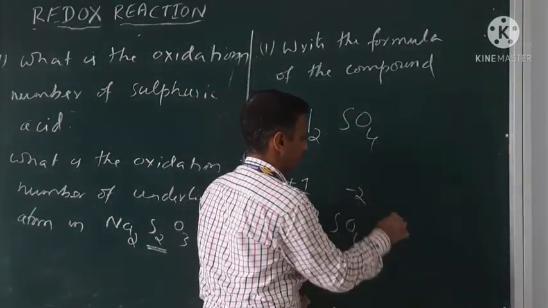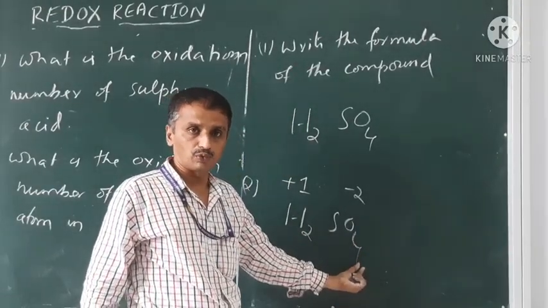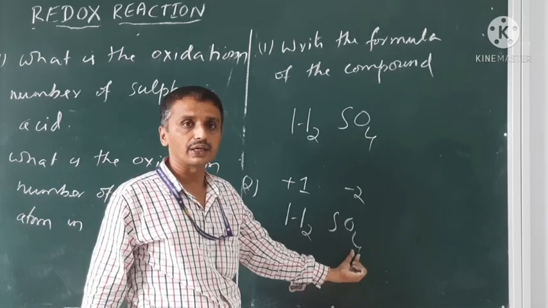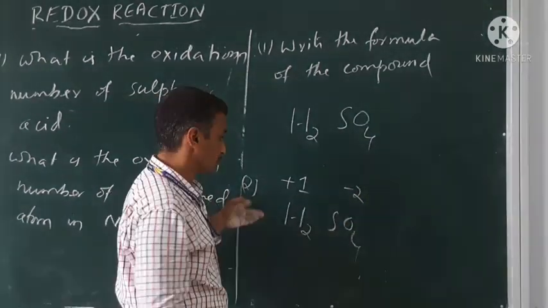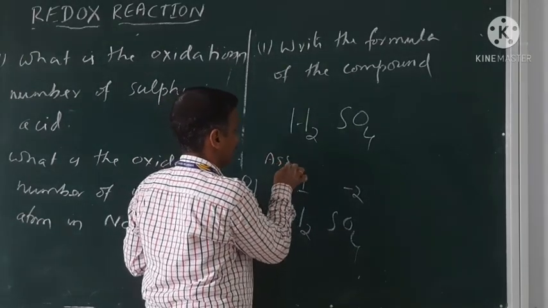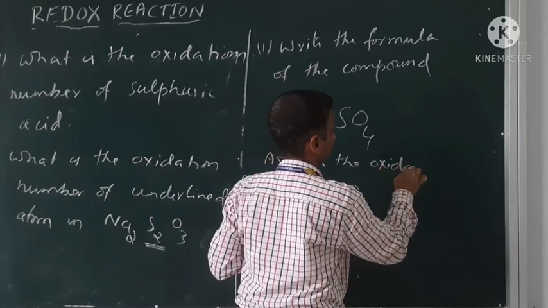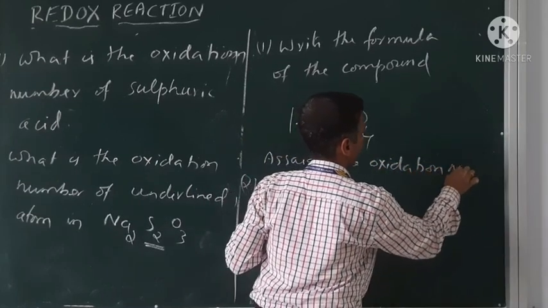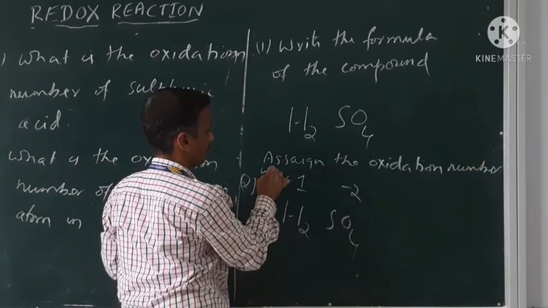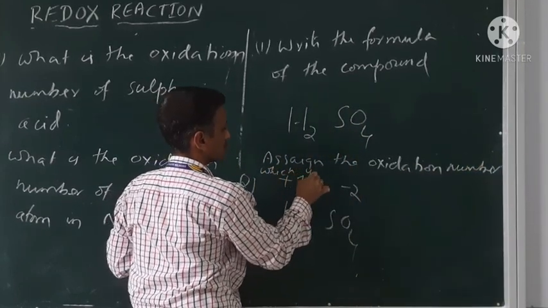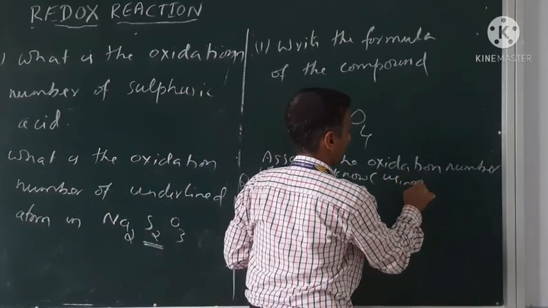Oxygen is -2 because it is not a peroxide, nor a superoxide, nor an OF2 or O2F2 compound. So -2. Assign the oxidation numbers which are known, using the rules.